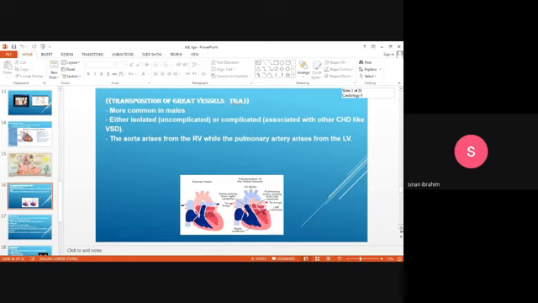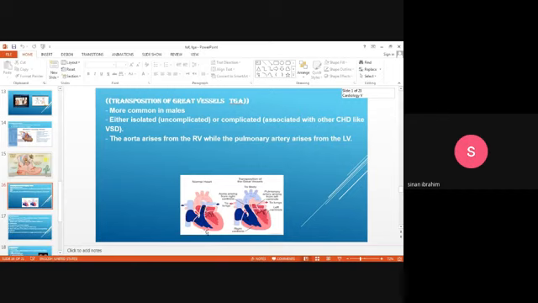What are the problems with these patients with DTGA? D means dextro-transposition of the great arteries, and in this patient, usually the aorta arises from the right ventricle, while the pulmonary artery arises from the LV. This is the picture which shows the normal heart.